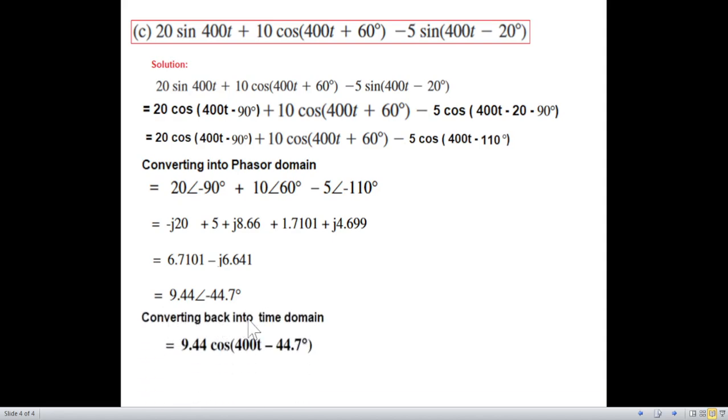So the answer will be, converting back into time domain, 9.44 cosine 400t, because 400t is in this, 400t minus this angle, 44.7. So it will become minus 44.7. And the final answer, question is equal to the answer.